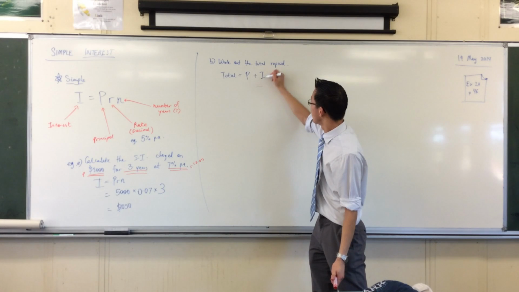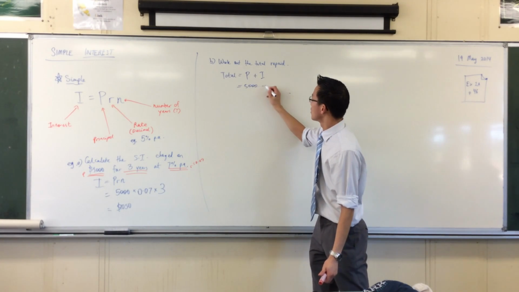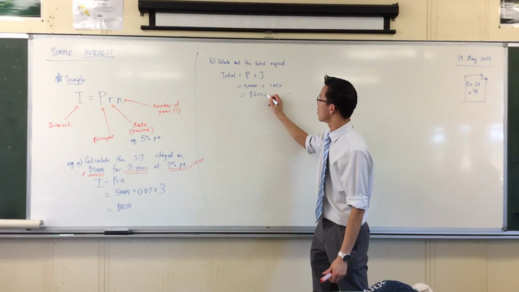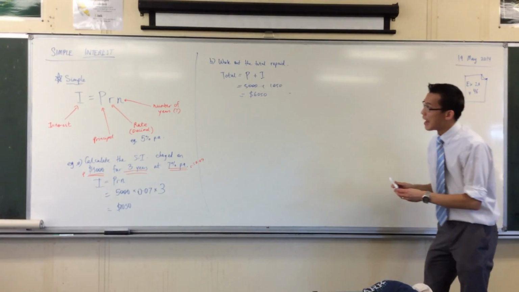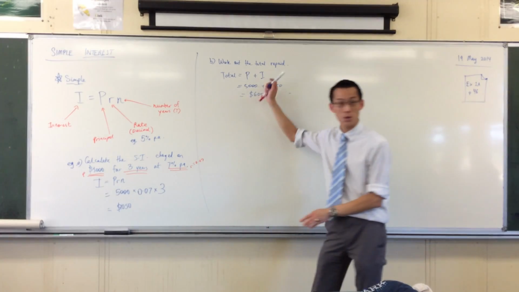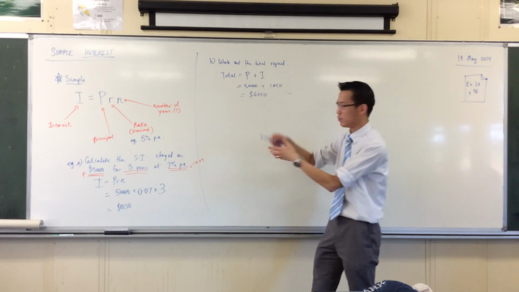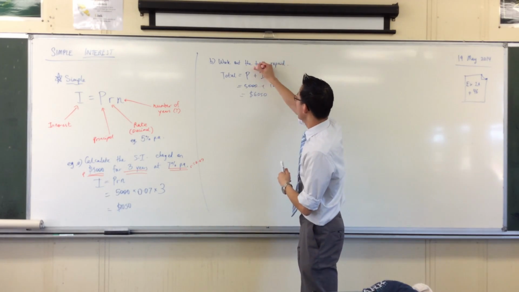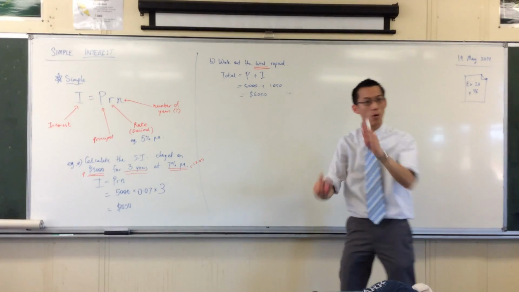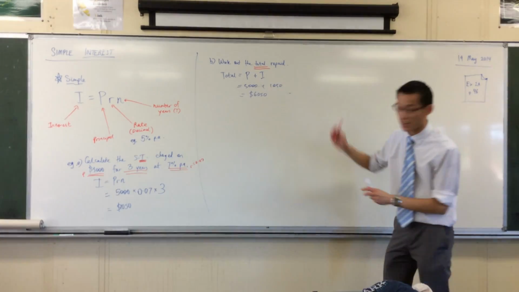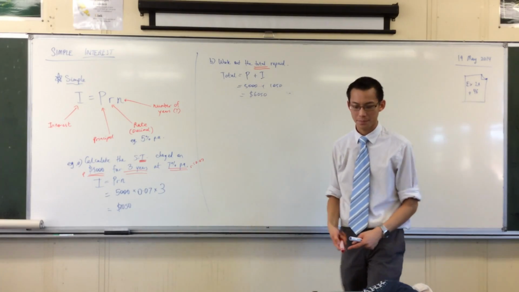That's 5,000 plus our 1,050 we just worked out, which is 6,050. This is often the two-step nature of the question. Read very carefully whether they want you to work out the total. If you get it in an exam paper, underline that word. Or do they want you to calculate just the interest? Make sure you calculate the right number.